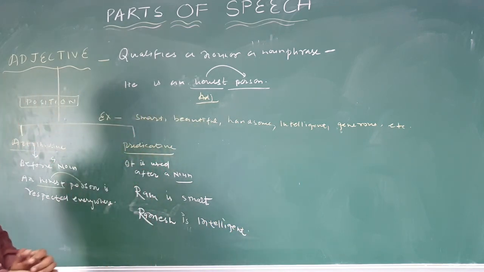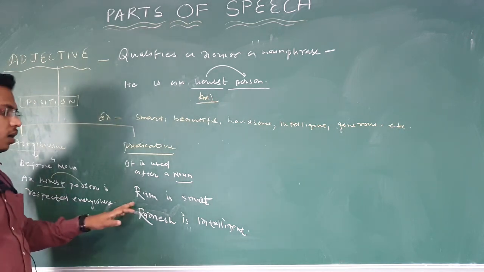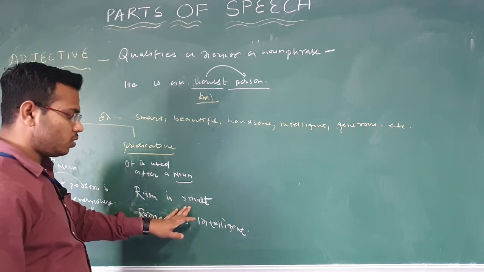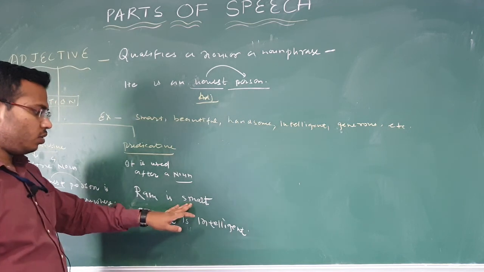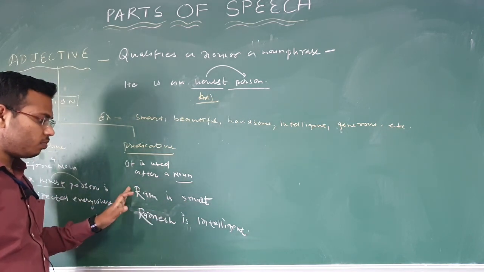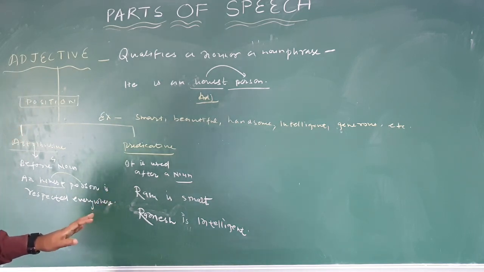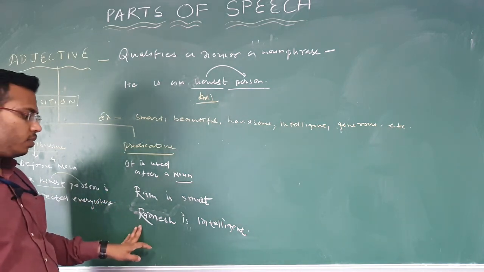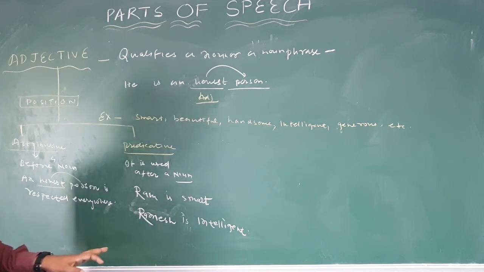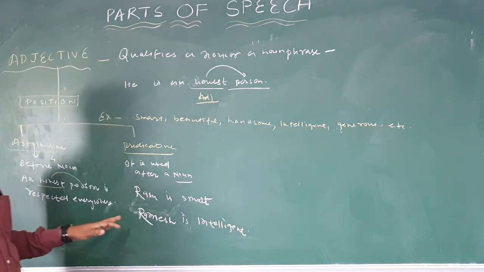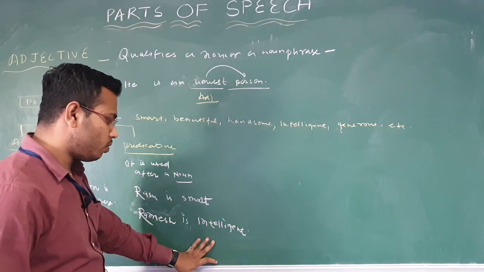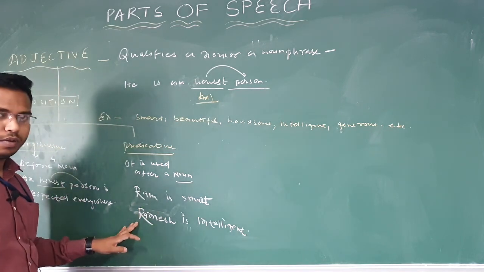In this, smart is an adjective and it is coming after a noun. Ram is a noun used as a subject at the beginning of the sentence. In the same way, in the second we have Ramesh is intelligent. Intelligent is an adjective coming after a noun, which is Ramesh.